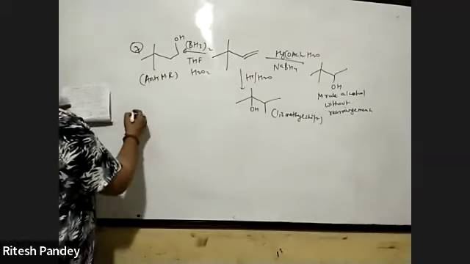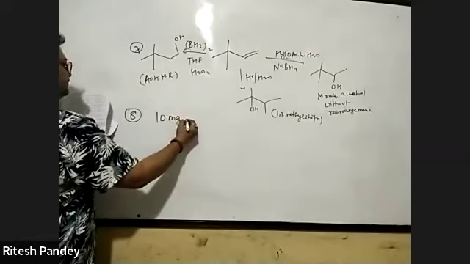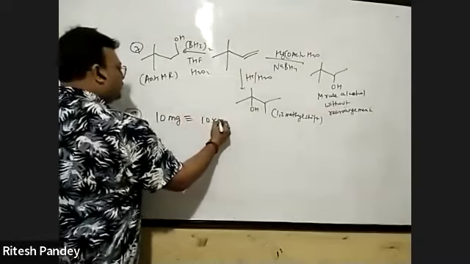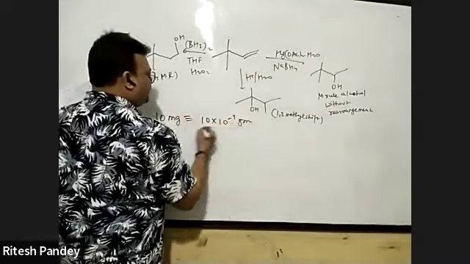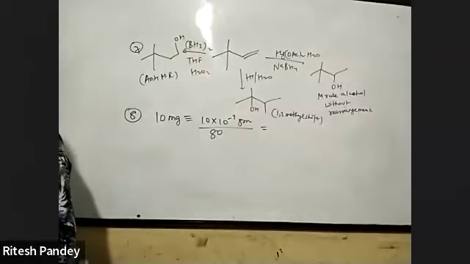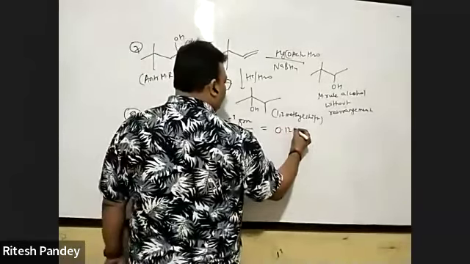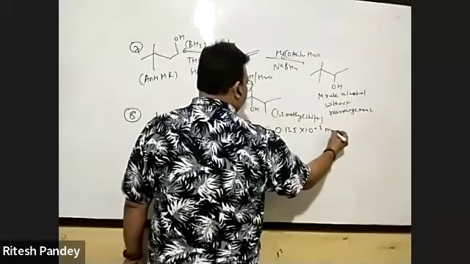Question 8, a hydrocarbon of molar mass 80. 10 milligram is as good as 10 into 10 to the power minus 3 gram upon 80 molecular weight. I reckon 1 by 8 is 0.125, so this is 0.125 into 10 to the power minus 3 moles.